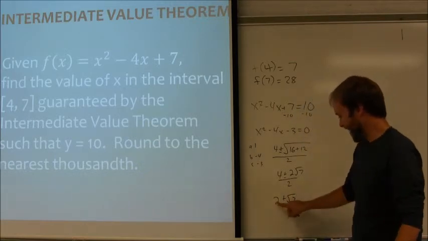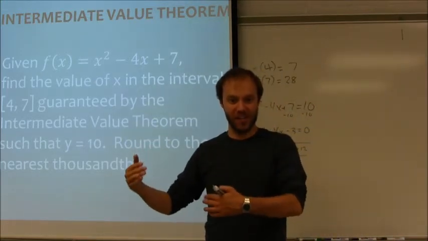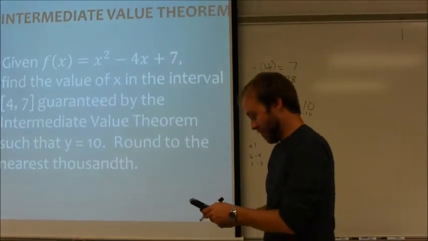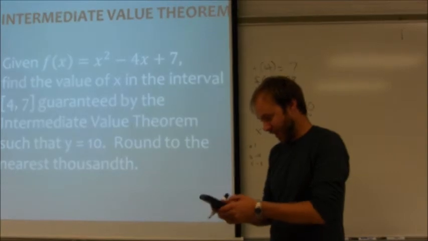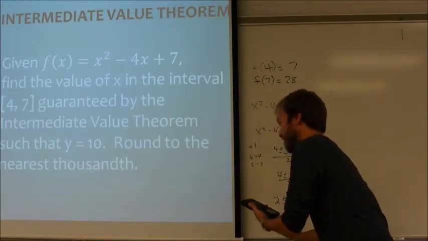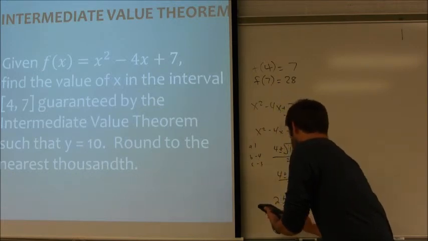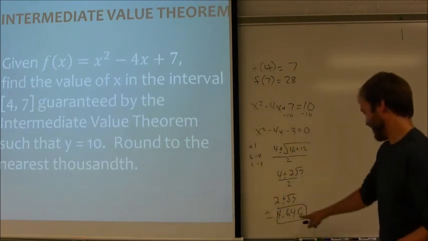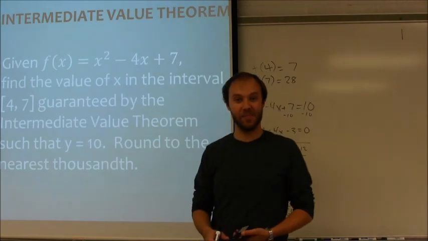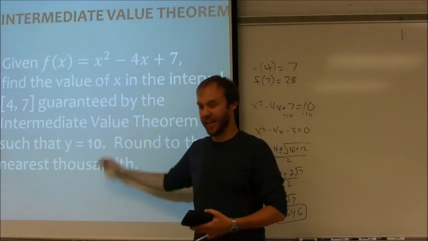Okay? I believe if you take 2 minus radical 7, you're going to get a value of x that's not between 4 and 7. I'll run the numbers on this, we'll see what happens. Meanwhile, 2 plus radical 7 is going to work out to be approximately, it says nearest thousandth here, so 4.646, rounding, it's actually 4.6457, but rounds to 6 to the nearest thousandth place. And that is my value of x between 4 and 7, guaranteeing me that I get a y value of 10.